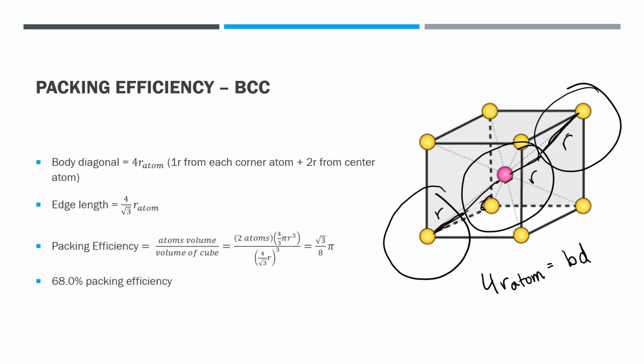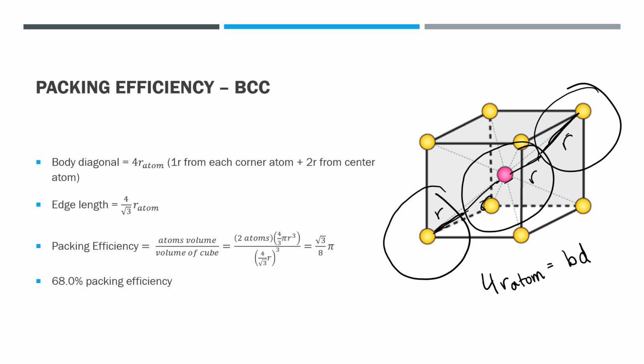We're just asking ourselves, how do these atoms have to stack in order to actually create the structure? To create the structure, we need to look at the body diagonal and see that they touch along the body diagonal. With face-centered cubic, we'll do the same analysis, but we'll see that they need to touch along the face diagonal.